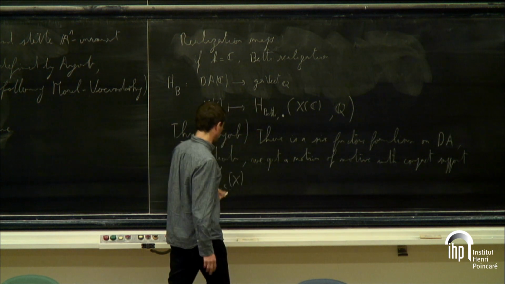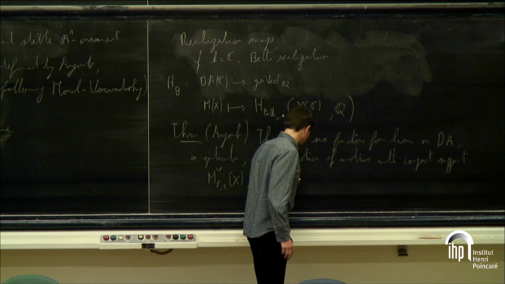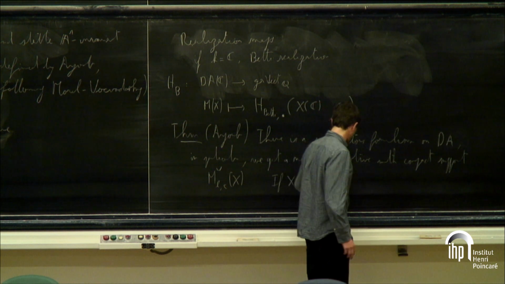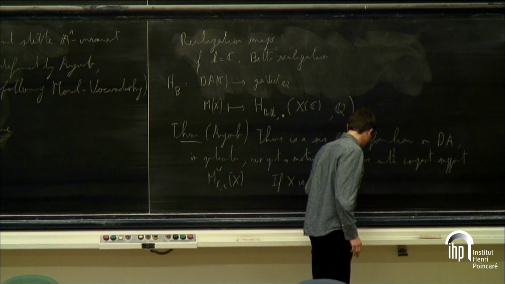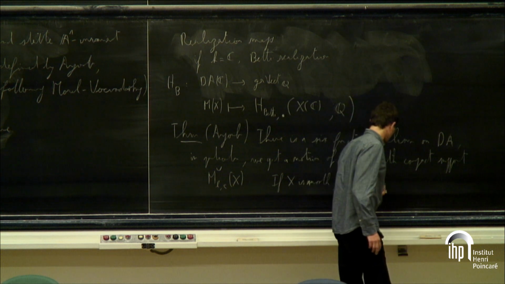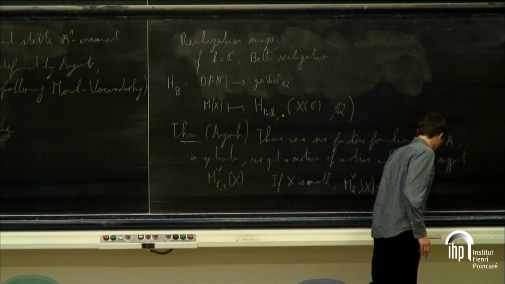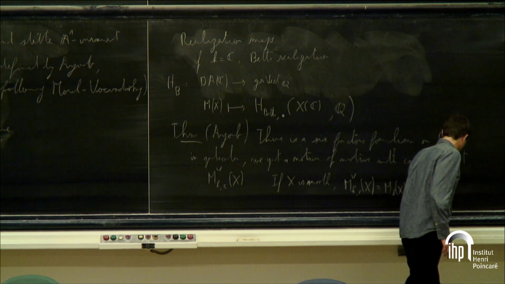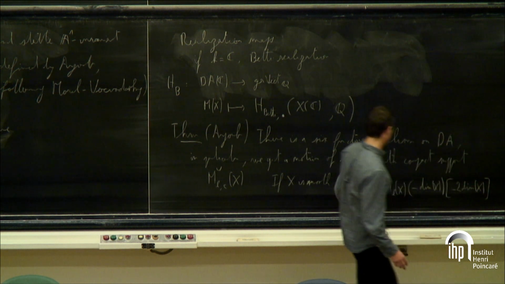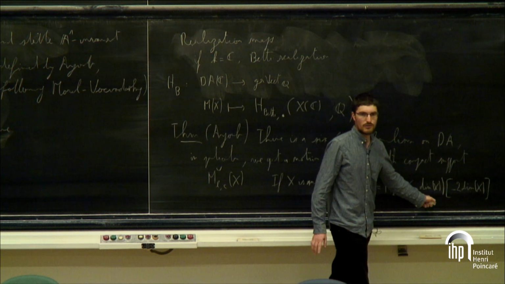For example, if X is smooth, then we have an easy formula for the motive with compact support. It's just the motive of X with some twists, minus the dimension in parentheses, an iteration of the Tate twist.